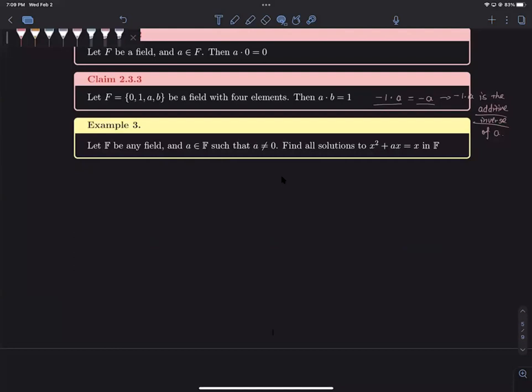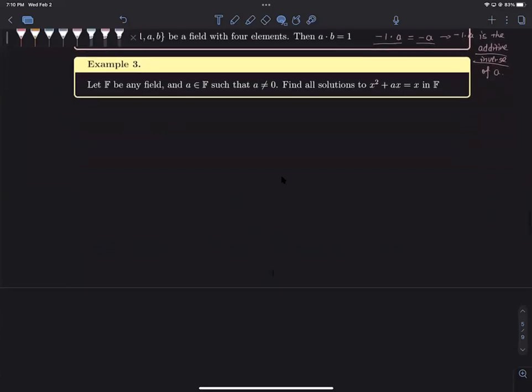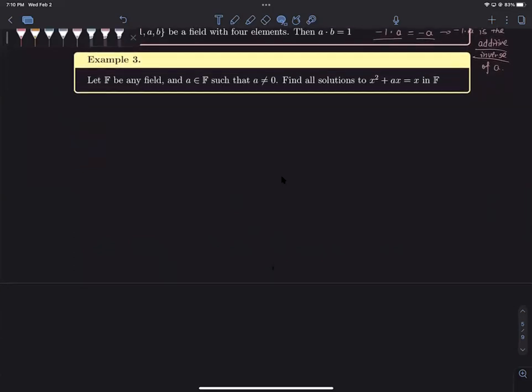Okay, so F is a field, A is an element, A is not 0, and they ask you to find all solutions to x squared plus ax equals x in F. Find solution means you need to find what x is. All right, so I'll give you some time. You have 5 minutes. We'll take it up at 7:15. Try this.